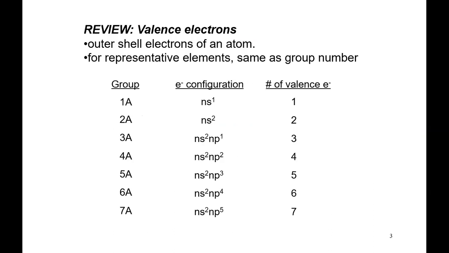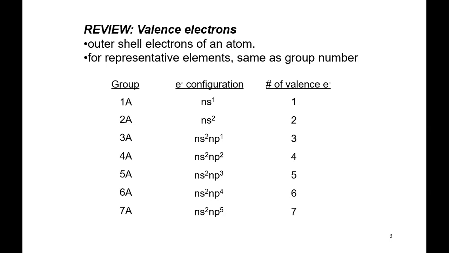Let's take a quick review here about valence electrons. Okay, remember that we said valence electrons are the electrons in the outer shell of the atom. These are the ones that are farthest away from the nucleus in those clouds of electron density that we have oscillating about the nucleus.